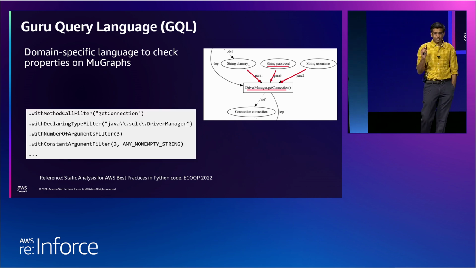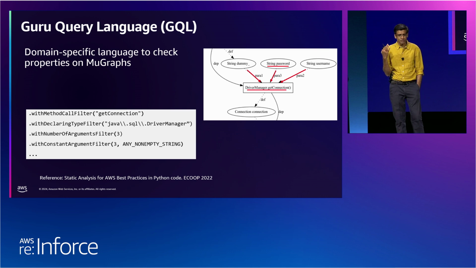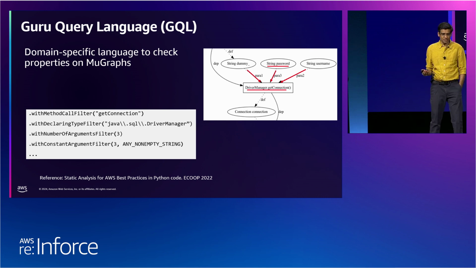And for the hard-coded database credential leak, the check that we've discussed, the GQL detector largely corresponds to the following snippet.